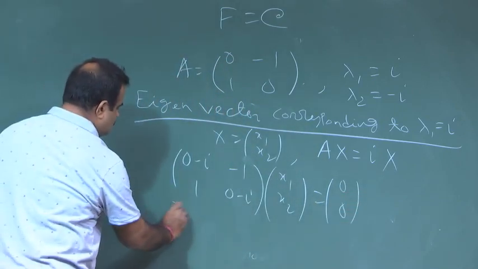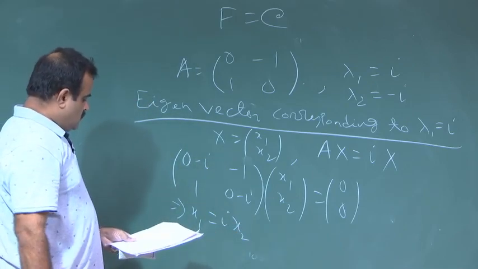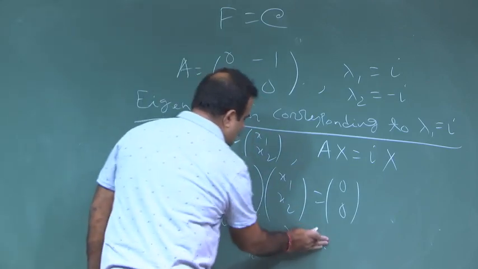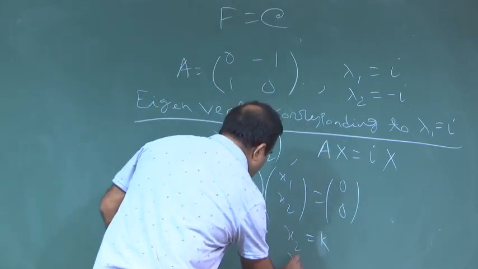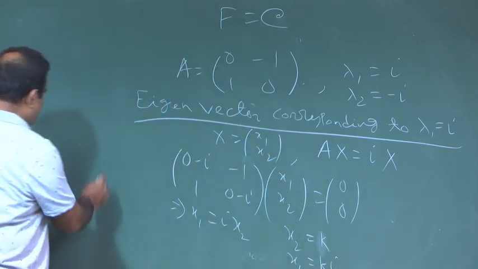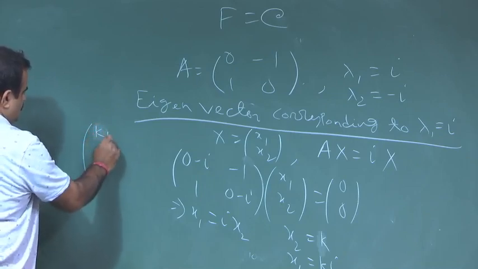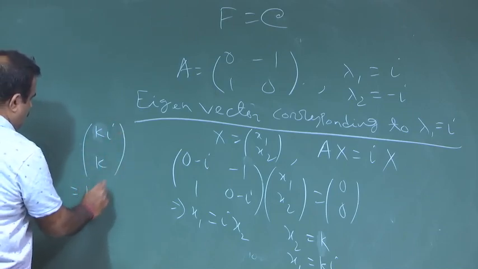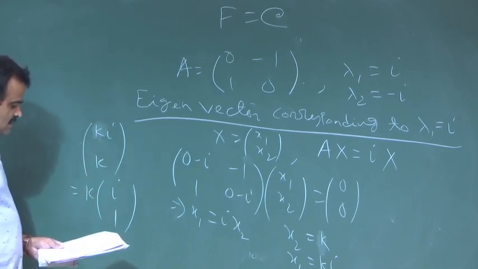That gives x1 equal to i x2. So if we take x2 to be k, any complex number, then x1 is k i. So eigenvectors are of this form: x1 is k i and x2 is k, that is k times (i, 1). We vary k over the complex numbers.